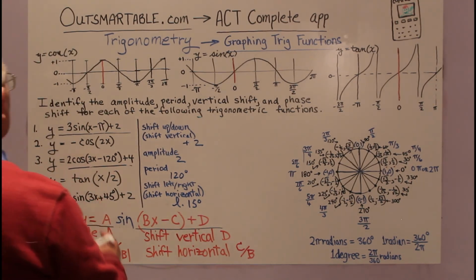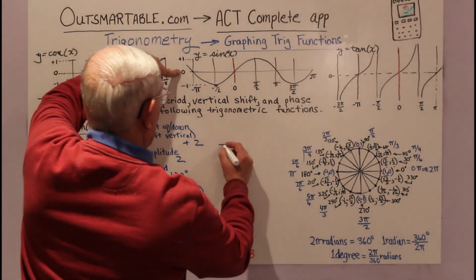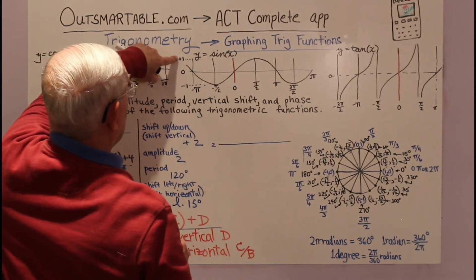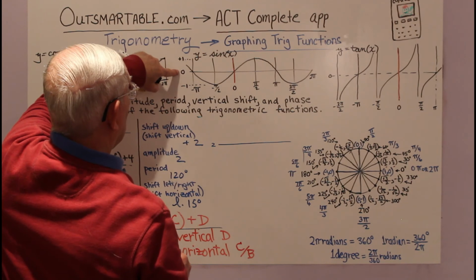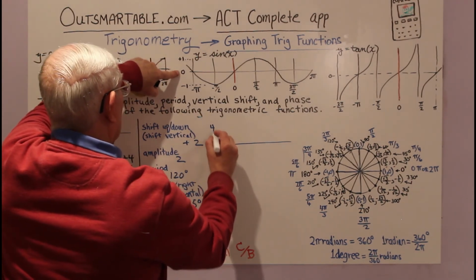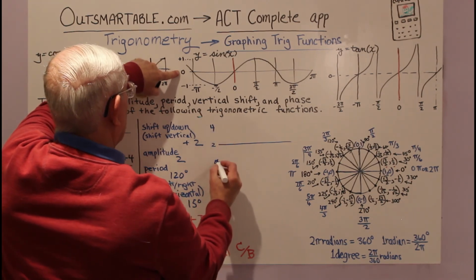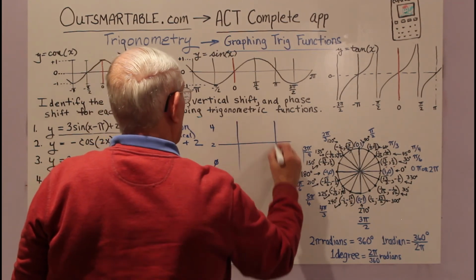Okay, so we're dealing with the sine here. Typically it has a midpoint of 0. New midpoint becomes 2. Typically it has an amplitude of 1. Distance from midpoint to max, or from midpoint to min. New amplitude is 2. So we're going up 2, and we're coming down 2 to go to the max and to the min. The period is 120 degrees.